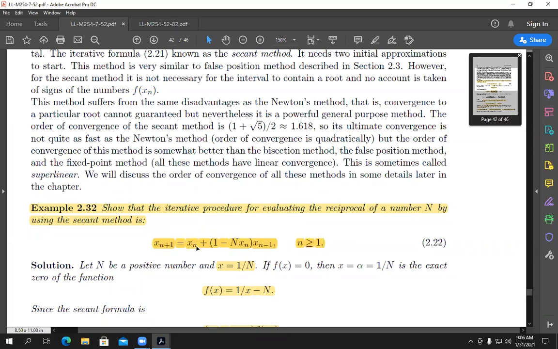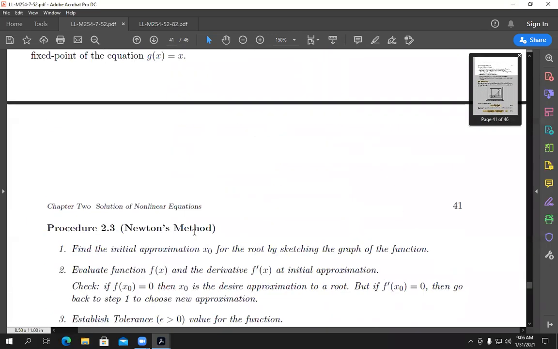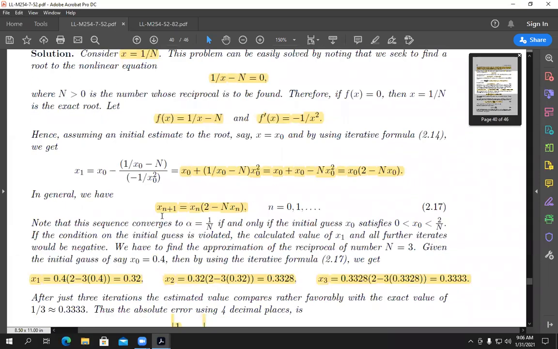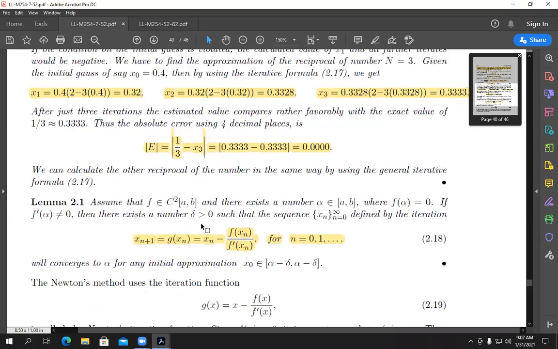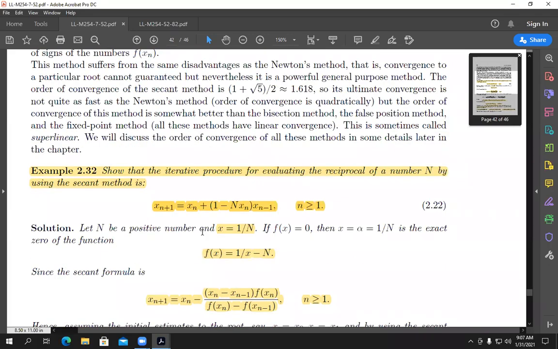This is the secant formula for the reciprocal of n. We also did the last example last time. What is this formula? This formula is called the Newton formula for the reciprocal of n. Now we have a new formula for the reciprocal of n, which is a secant one here.